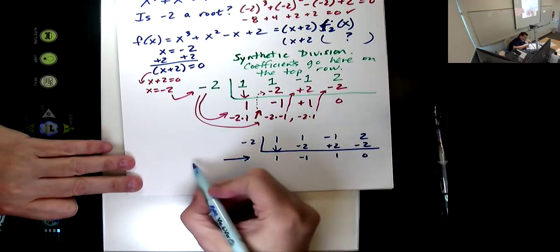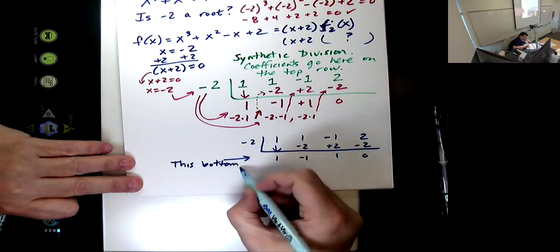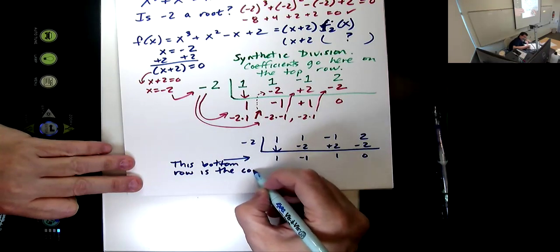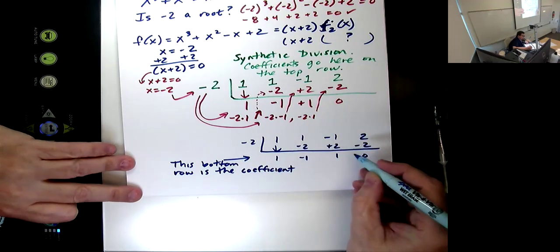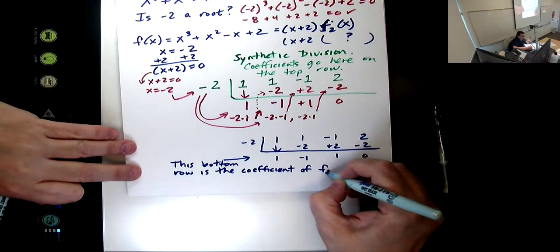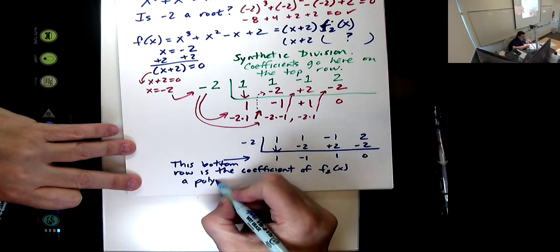This bottom row is the coefficients, in this case, of f2 of x, a polynomial that is 1 degree lower.